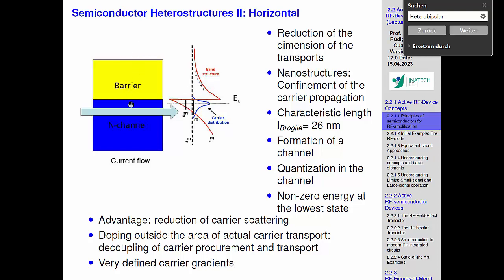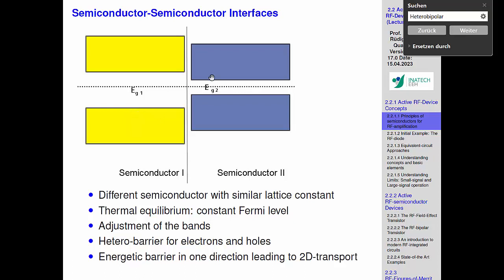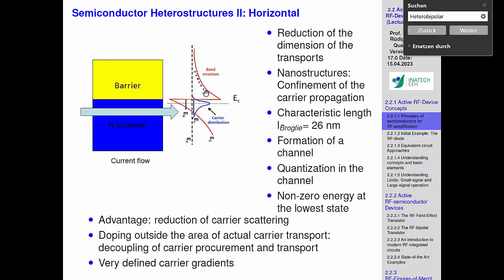Because we will not be doping this material, because this has still the nearly ideal conditions for moving. Yeah? We will dope the other side of the interface, this one.